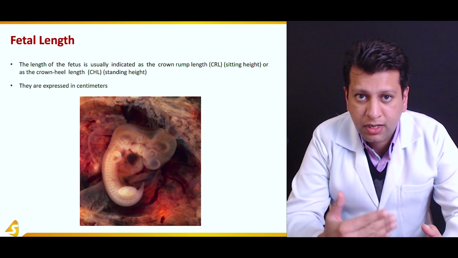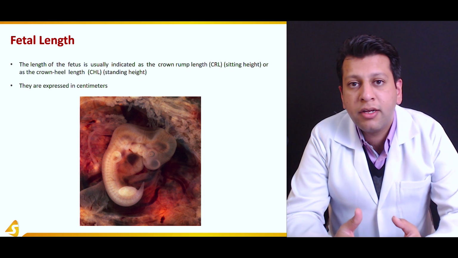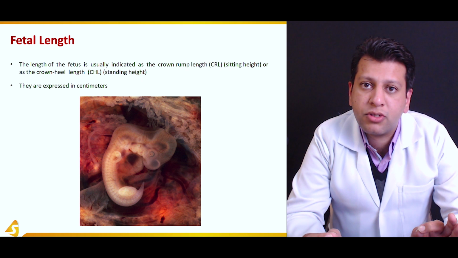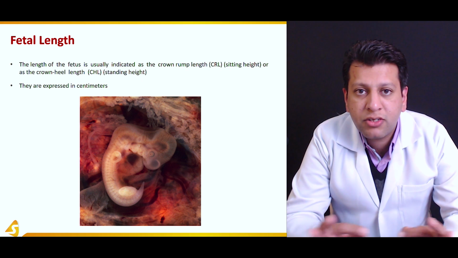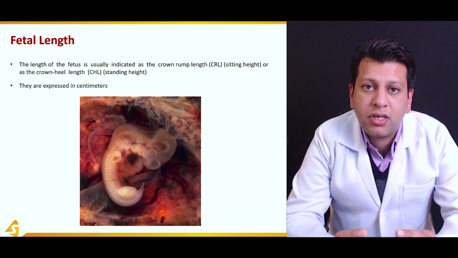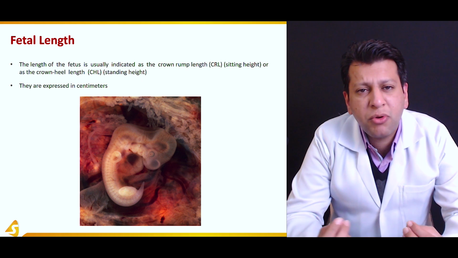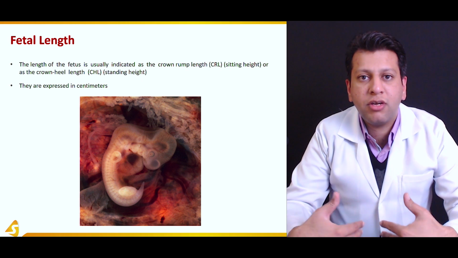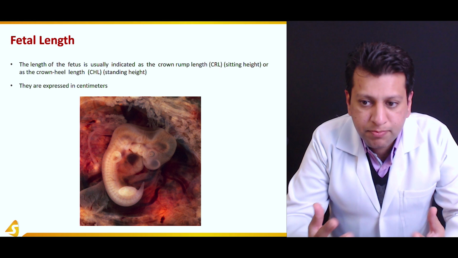On ultrasound, viewing from the lateral side, they place one point at the vertex and another at the sacrococcygeal area, and the straight line joining these two points is the crown rump length. It is called sitting height because when an adult is sitting, we are sitting on our sacrum and coccyx.